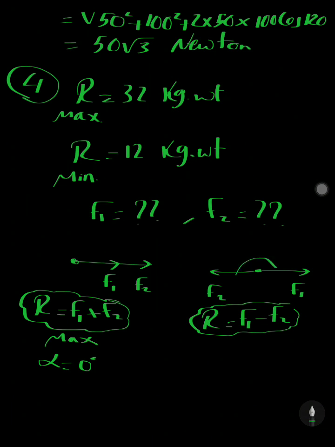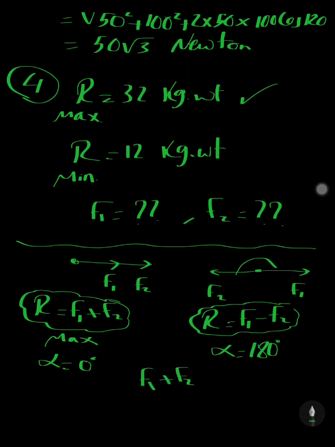And in this case, the angle between the two forces is equal to 180 degrees. If the maximum value of the resultant is 32, that means F1 plus F2 equals 32. And the minimum value of the resultant equals 12. That means F1 minus F2 equals 12.